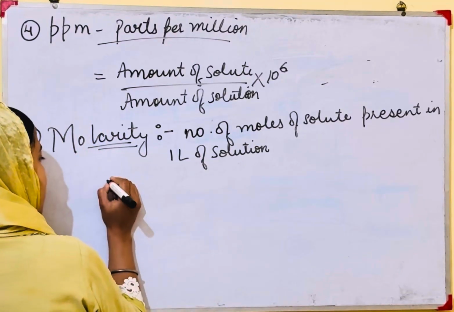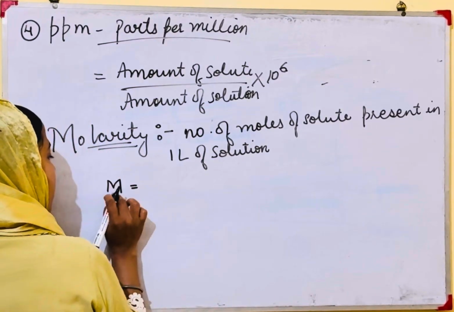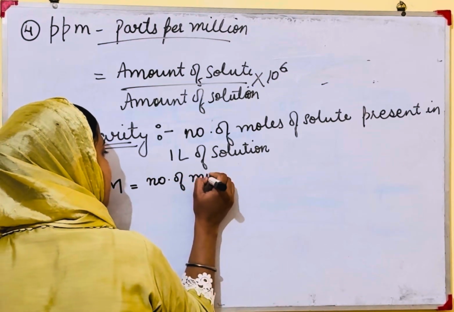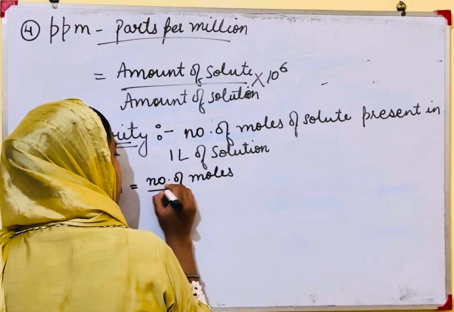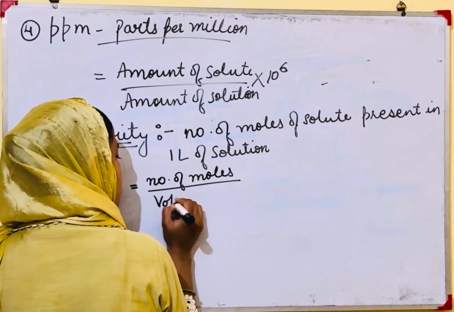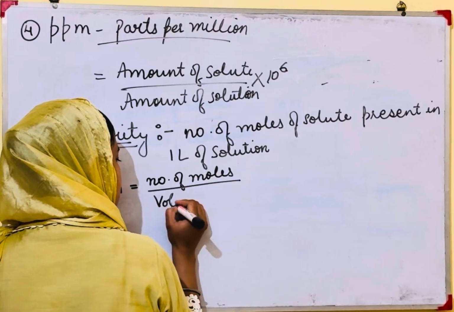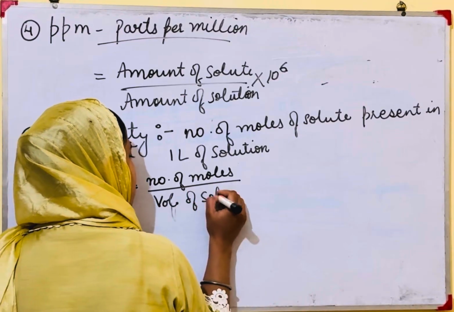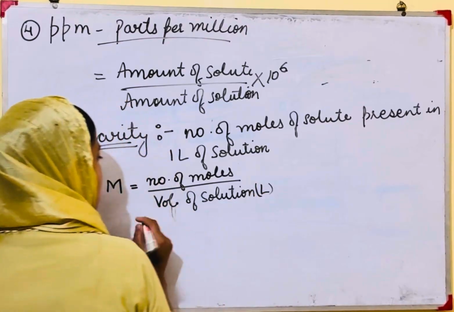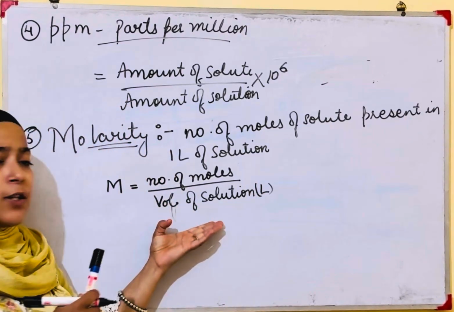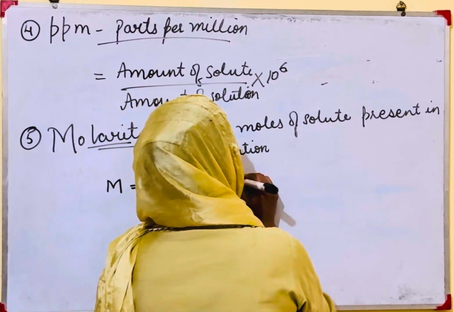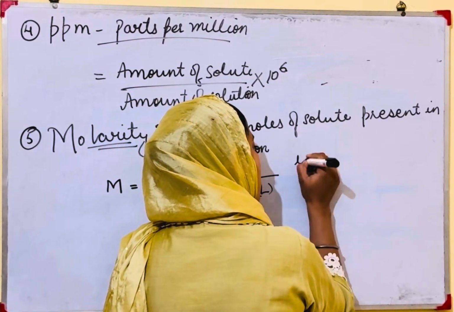Now the formula for molarity, we will represent it with capital M: number of moles divided by volume of solution in liter. If we consider this formula, now you can also calculate the units from here.